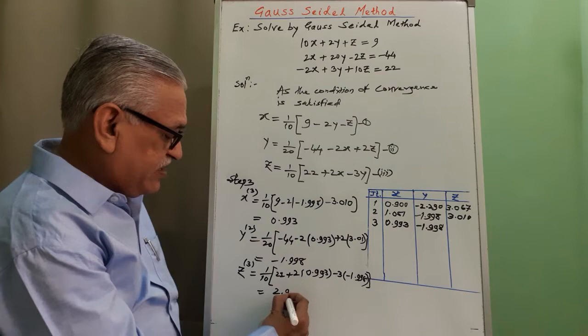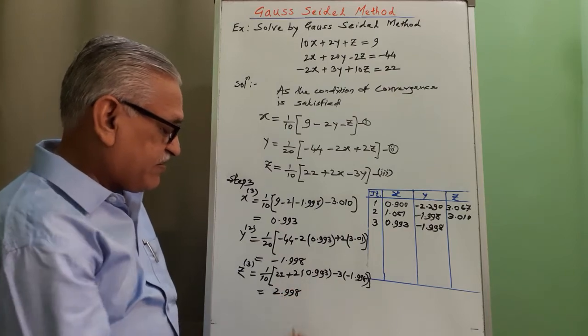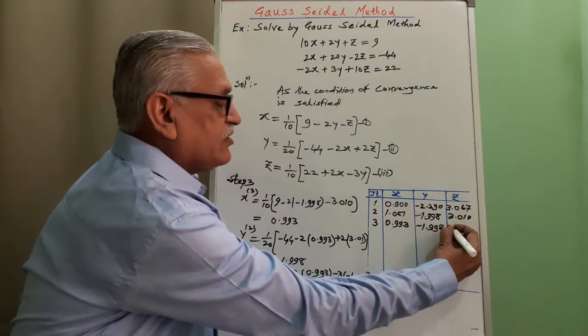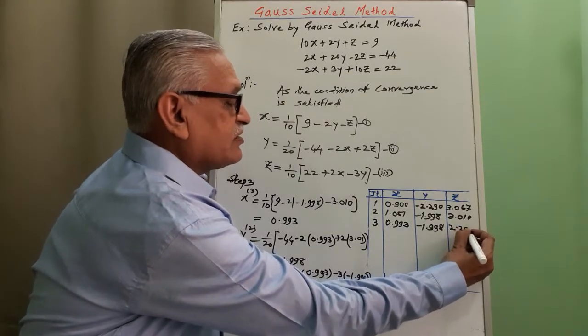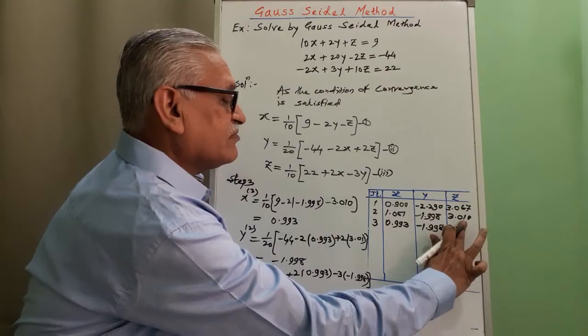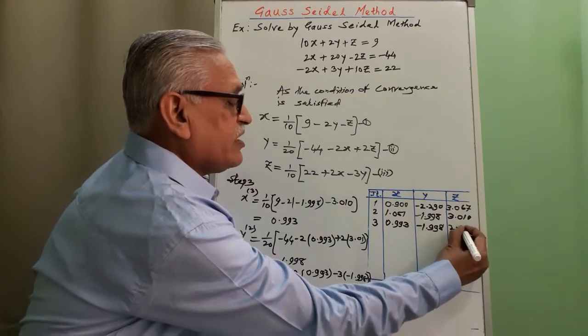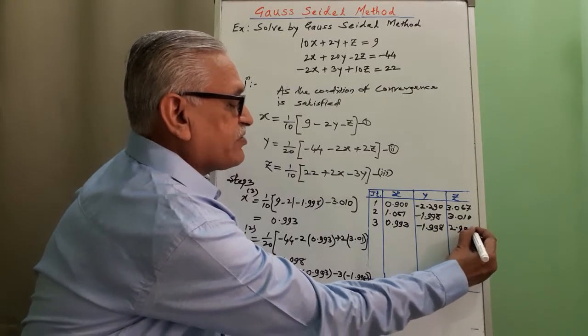Simplified value 0.998. Substituting here in the table, we get 2.998.